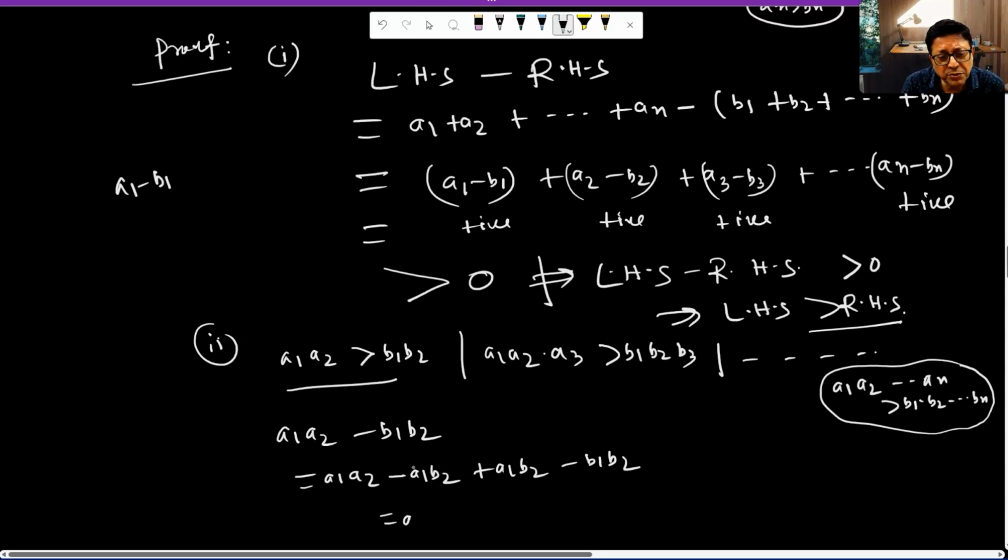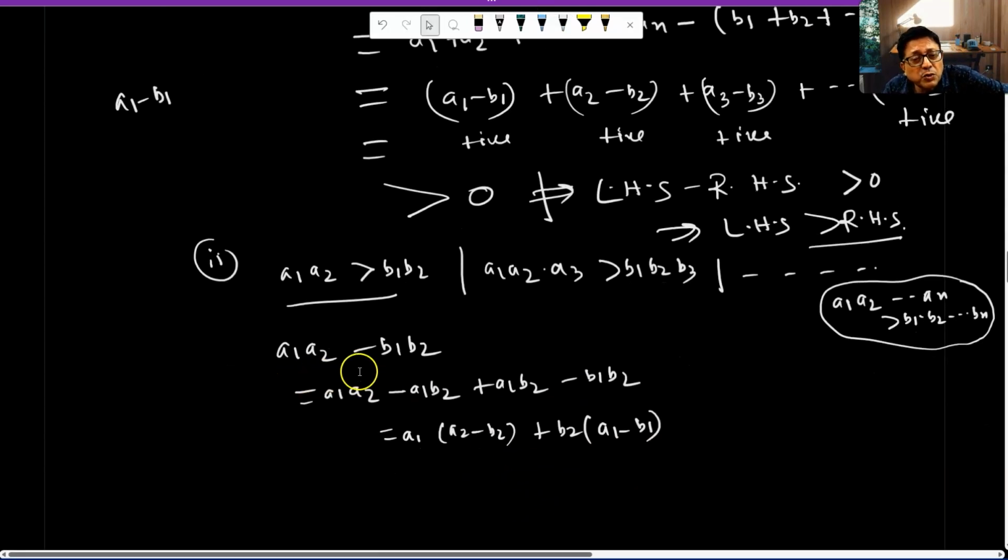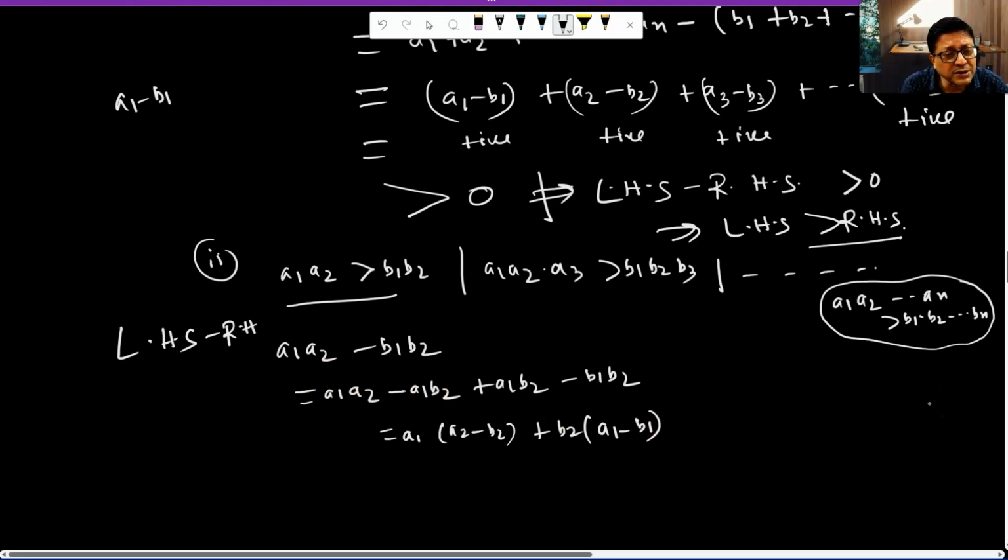So this is going to be this plus B2 you can take common. Now what is your idea about this? We have started with LHS minus RHS. I got this.